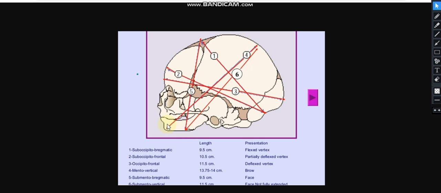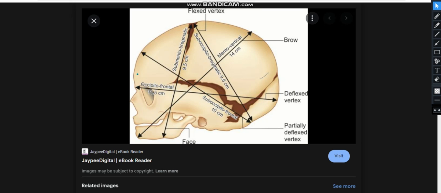After this point, whatever diameters start will have the vertex presentation. So this will be face, this will be brow, and this will be vertex. Submentobregmatic will have face presentation, submentovertical will have brow presentation, and after that, the occipitofrontal, suboccipitofrontal, and suboccipitobregmatic will have the vertex as the presentation.